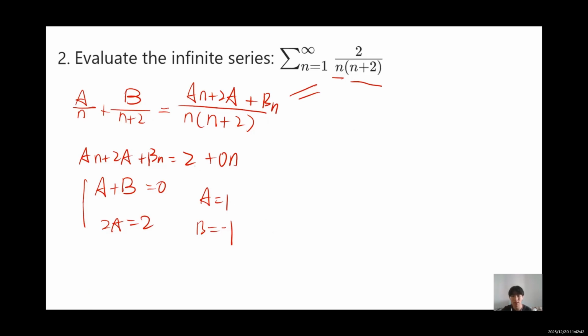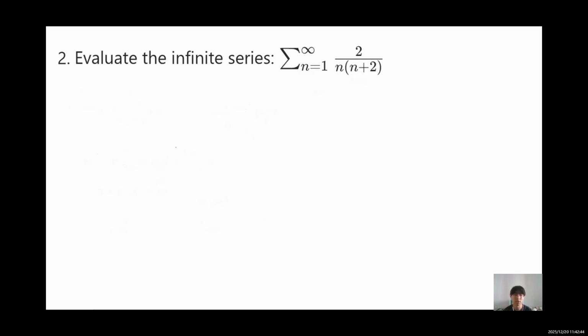And we can plug in. Then we get the expression equals the sum from 1 to infinity of 1 over n minus 1 over n plus 2. Okay, let's just plug in 1 because we don't know what to do.